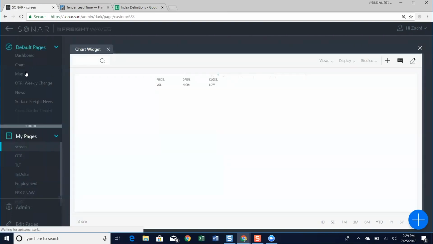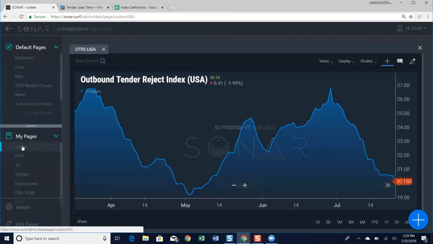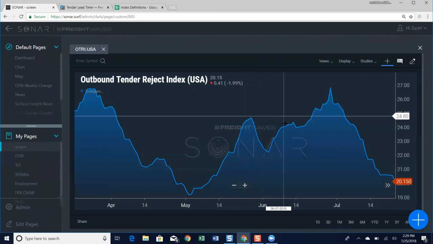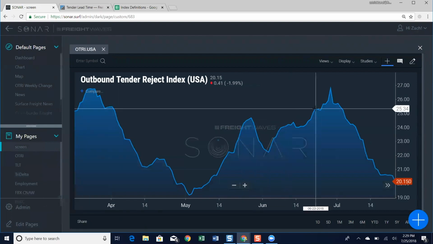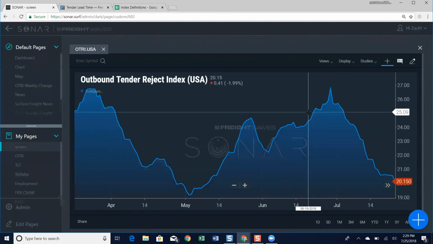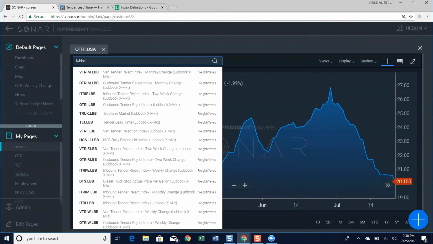You can click on a chart or a screen up here, most of you, but I have my own pages that I like to go through. And again, I reference the website to learn how to make your own page. So I'm going to go over here and look for Lubbock, Texas, and see if I can find the OTRI Lubbock.